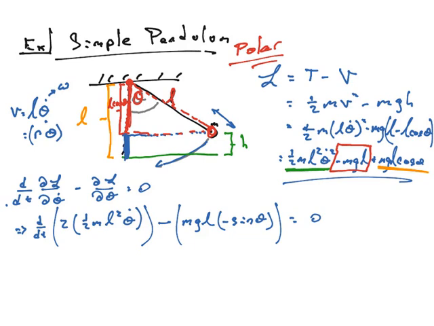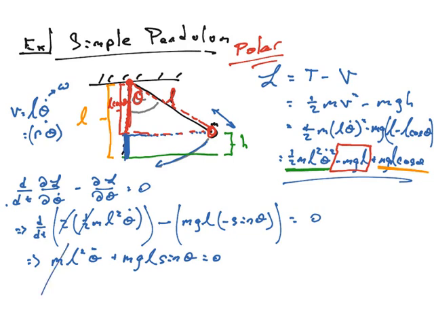All right, so let's continue. What do we get here? So the 2 cancels the 1/2. The time derivative, well, mass doesn't change, L doesn't change. So it's just mL squared theta double dot. Then the minus with the minus becomes a plus: mgL sine theta is equal to 0.